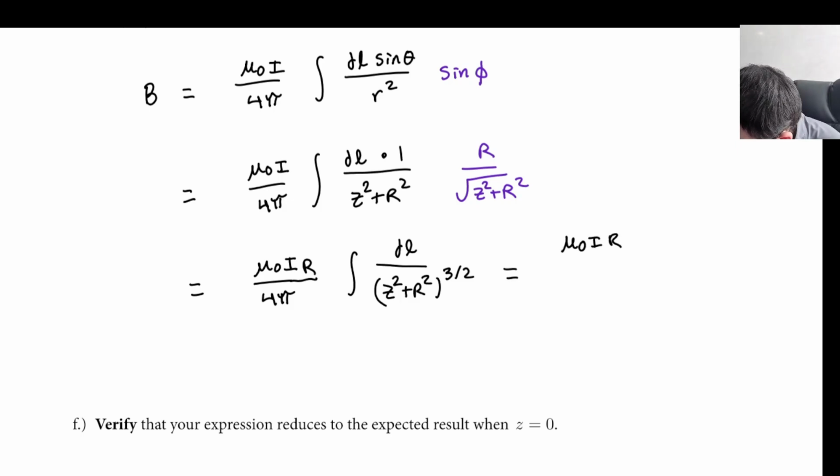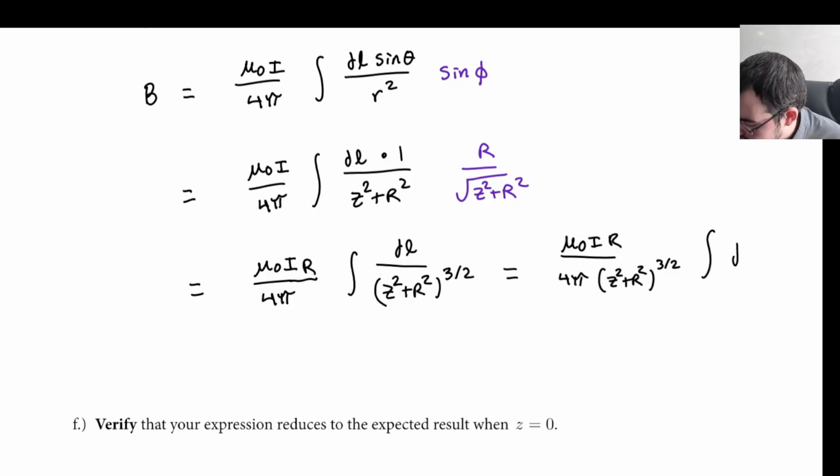Mu naught IR over 4 pi times z squared plus r squared to the 3/2, and then we're just integrating dl. If I integrate all my length around the ring, how much length have I gained? Well, once again, it's going to be 2 pi r.